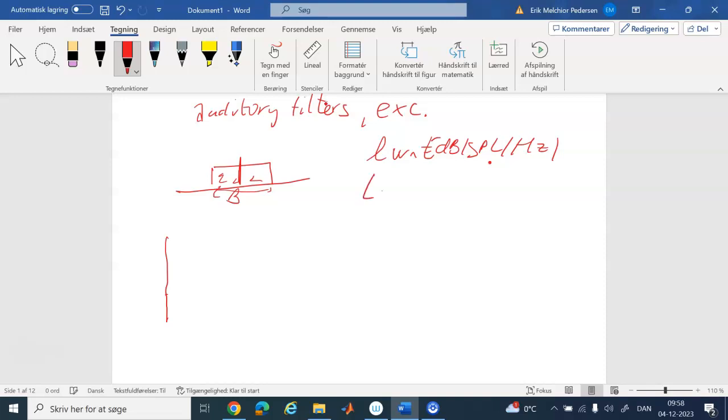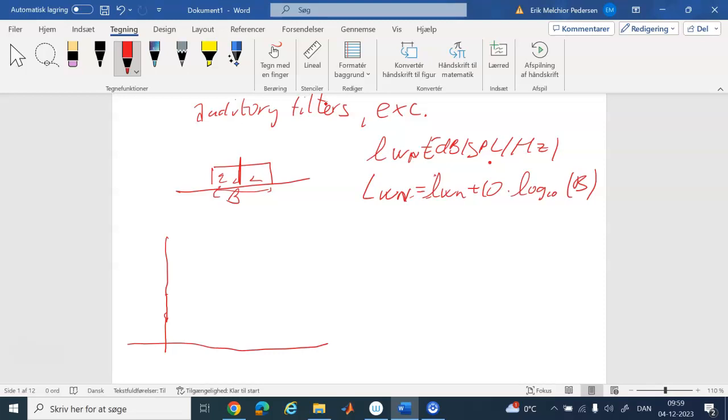The sound level in dB SPL is the same as the spectrum level LVN plus 10 times log 10 of B. This is the bandwidth: the upper frequency minus the lower frequency.